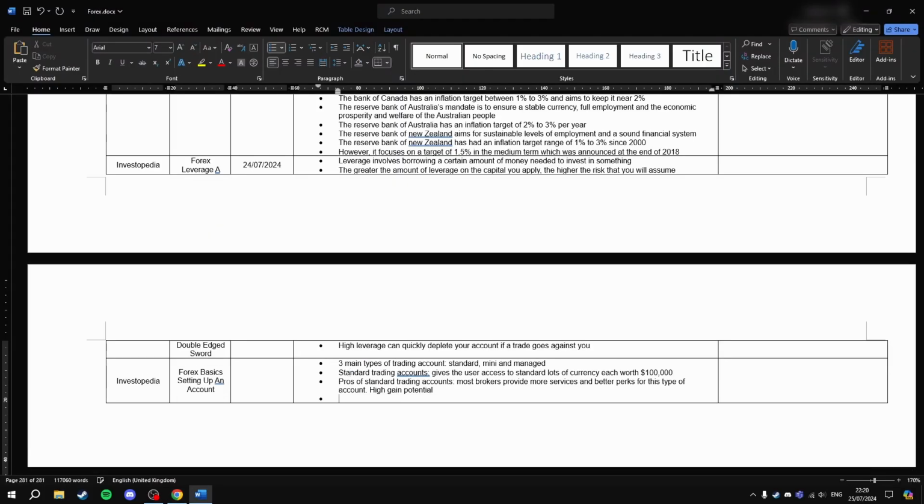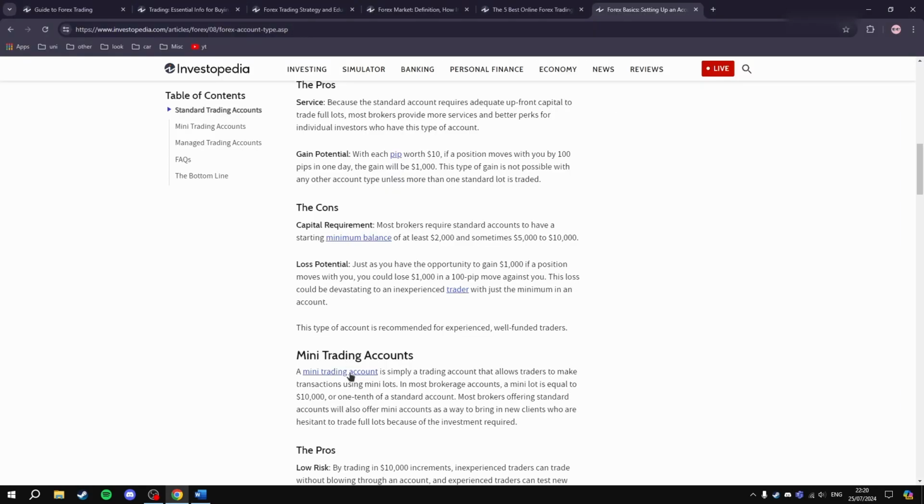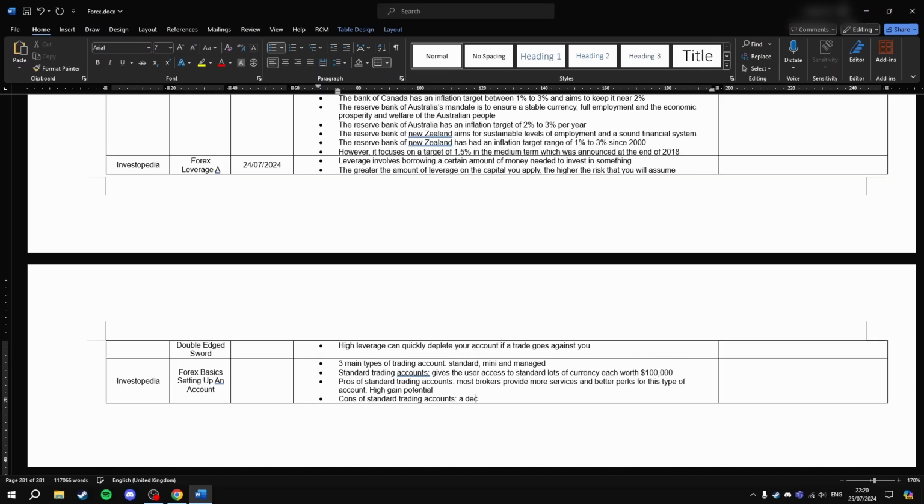The cons of standard trading accounts: capital requirements: a decent amount of capital is needed to open the account.